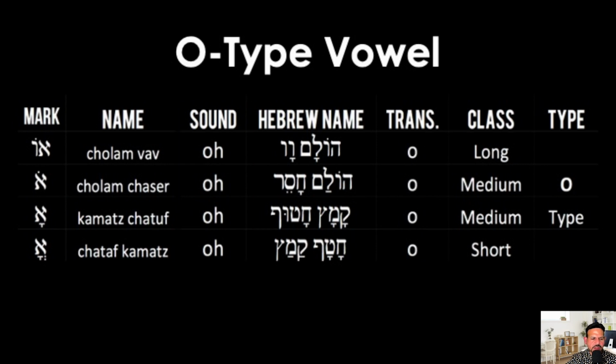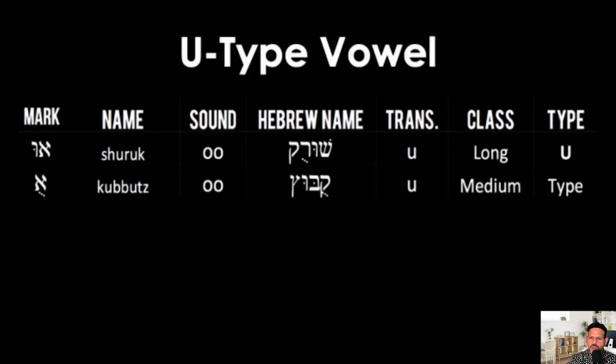Those are rare, so we don't need to focus on them too much at this stage. But the vav with the dot on the side instead of on top gives us the sound we say when we see a purse on a woman's side. The vav with the dot on the side is the U sound, or the shuruk.